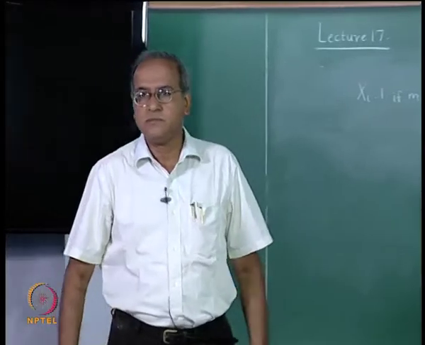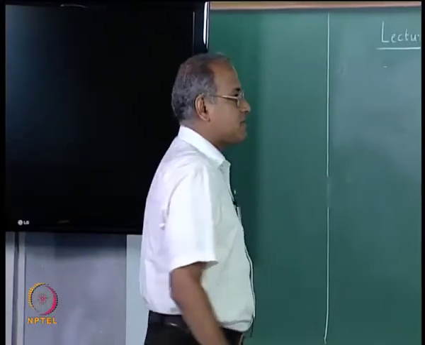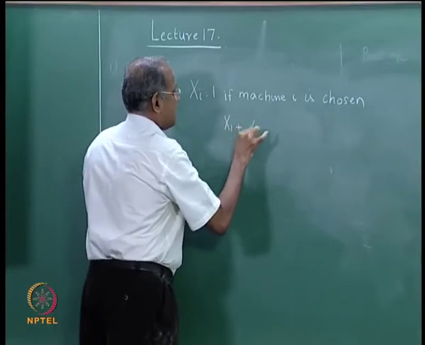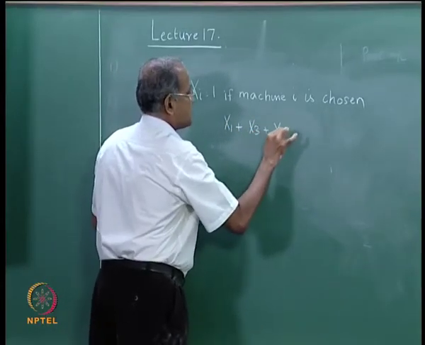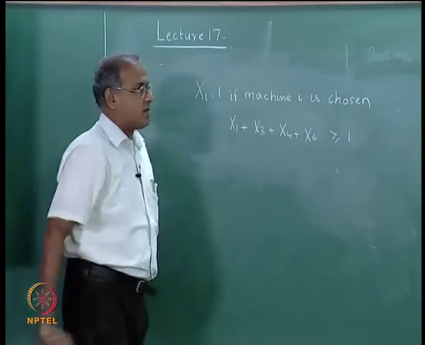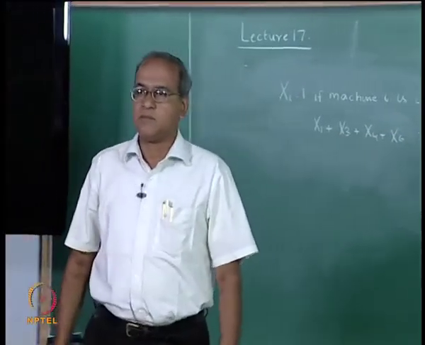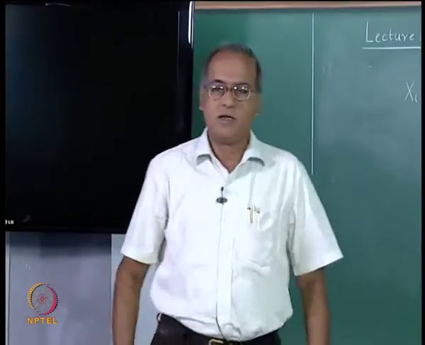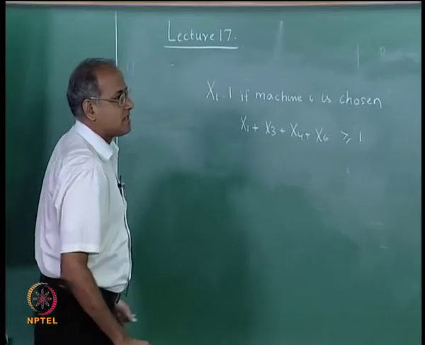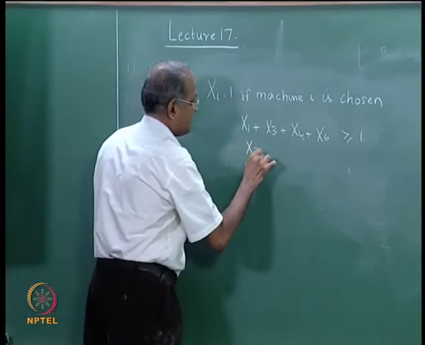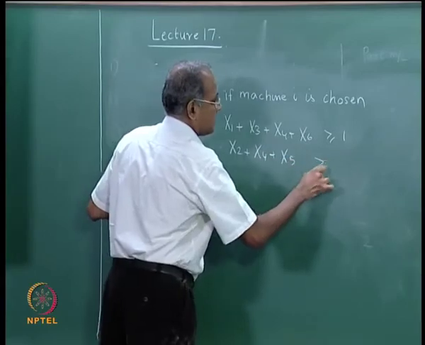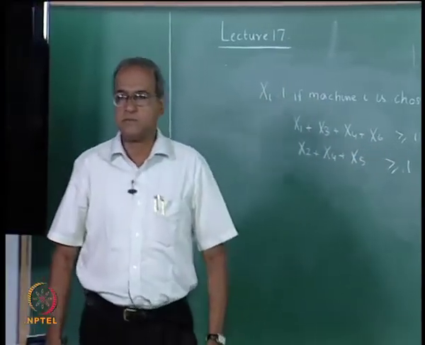So, in order to make the first product, I should have x1 plus x3 plus x4 plus x6 greater than or equal to 1. To make the second operation, I need x2 plus x4 plus x5 greater than or equal to 1.